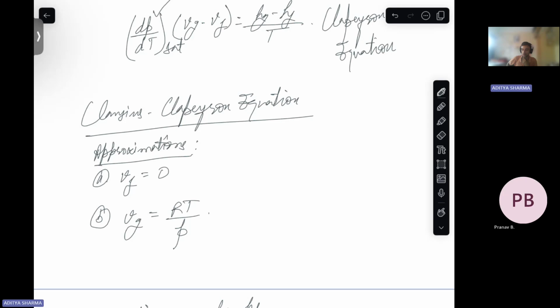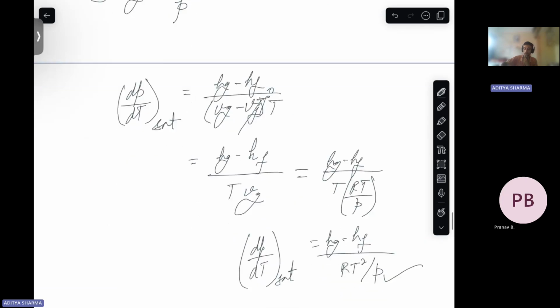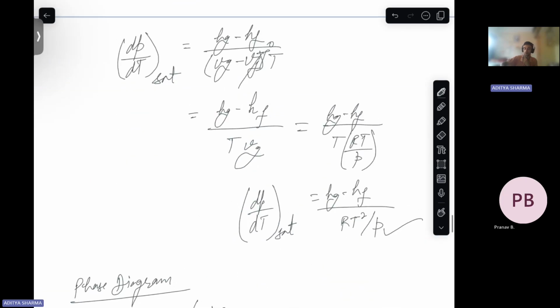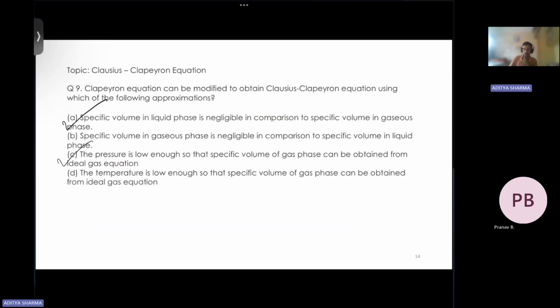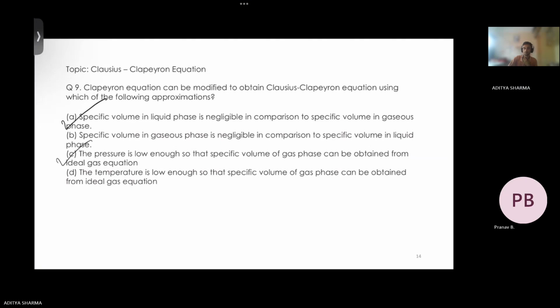That is PV equals RT. Okay. So then we placed it in Clapeyron equation and we got our Clausius-Clapeyron equation. So in this case, both the options A and C will be correct. Okay. Okay, Pranav. Then moving on to next question.